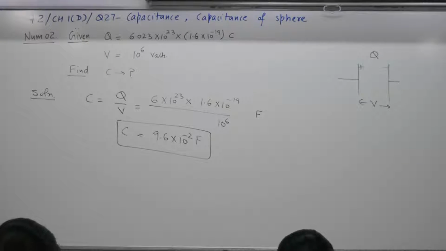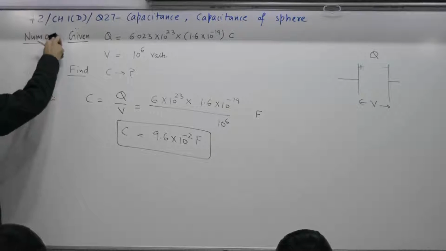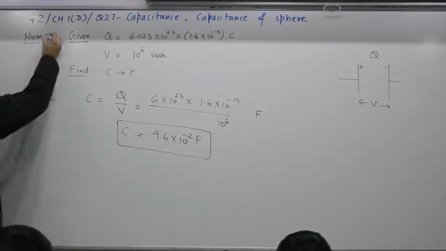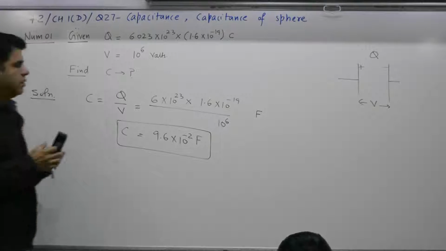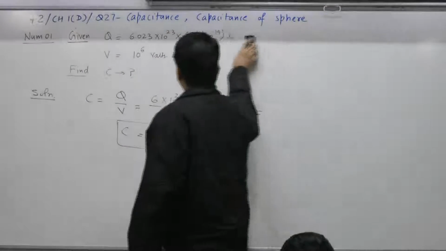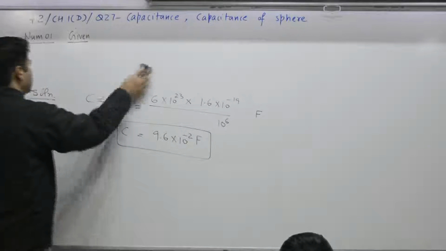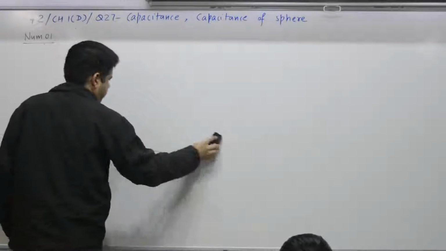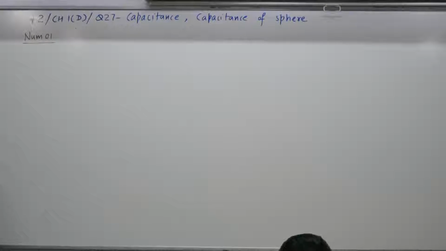Numerical number 1. Numerical is: 27 drops of same size are charged at 220 volt each.